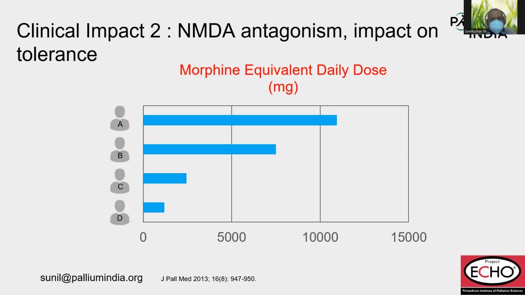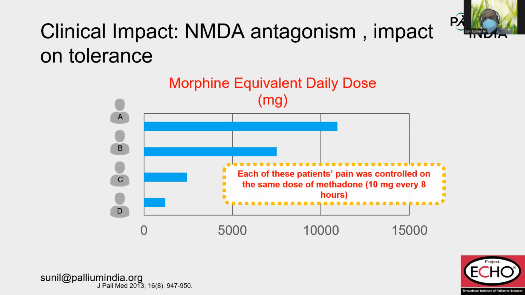So all these patients, here you can see that all these patients were started on methadone 10 milligram every 8 hourly, regardless of the daily dose of morphine equivalent. So each patient A, B, C, and D was started on 10 milligram every 8 hourly, that is 30 milligram per day. And all of these patients got good pain relief.